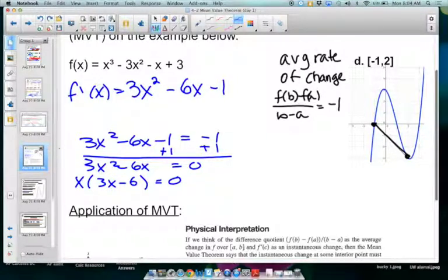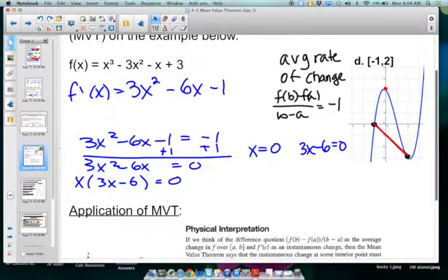So what is this telling us? Okay, so x equals 0 and 3x minus 6 equals 0. So at x equals 0, we should have something with a slope of -1.